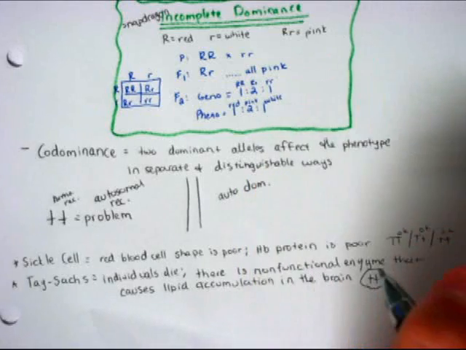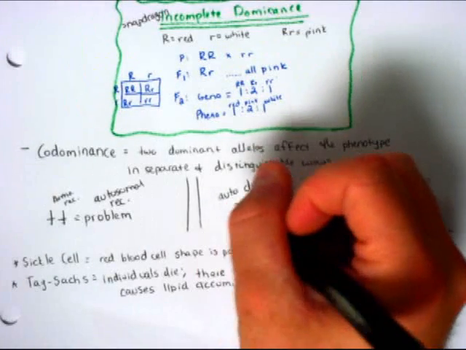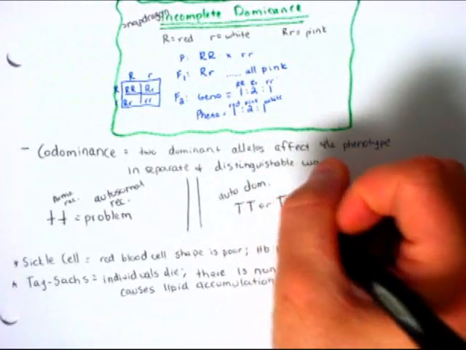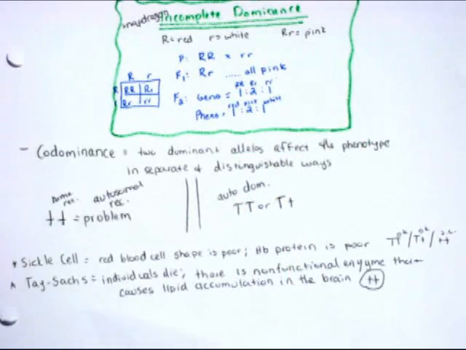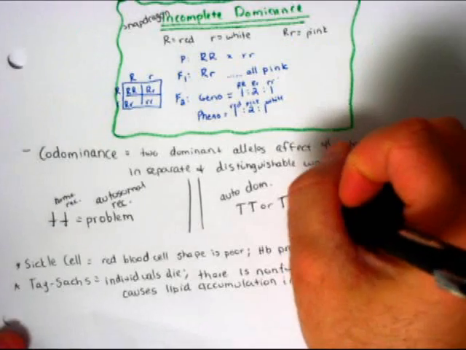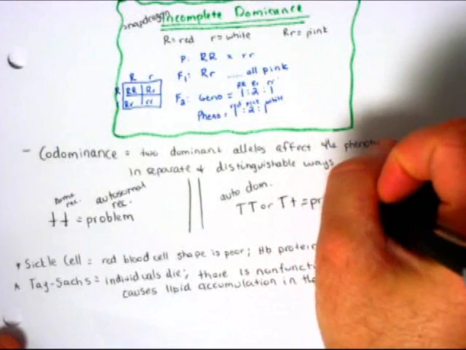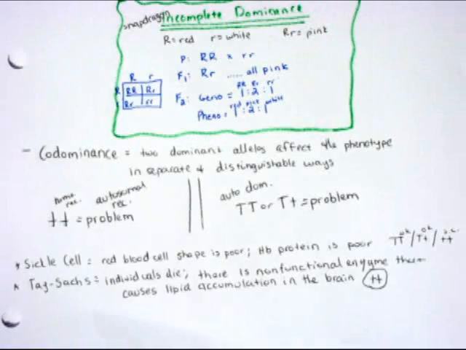Dominant, being a big T, is a bad thing. It just happens that the homozygous recessive is the individual that survives. So it depends on which specific disease you're discussing.